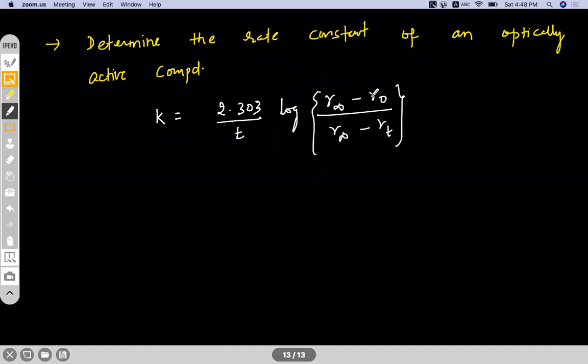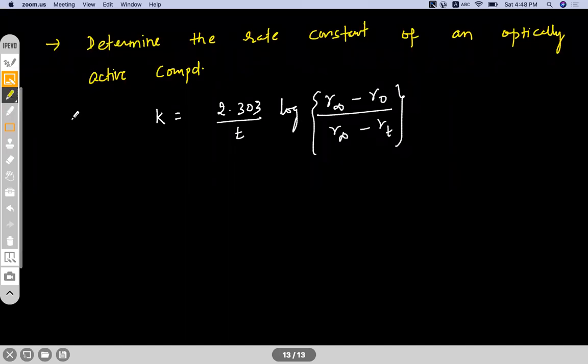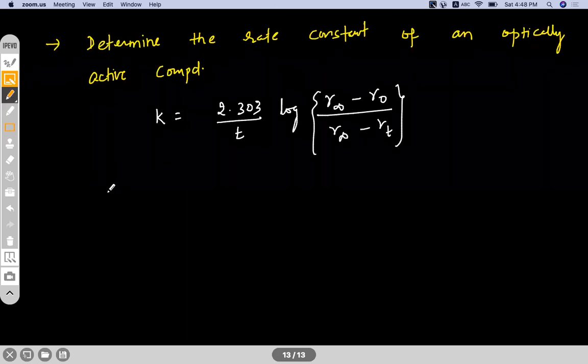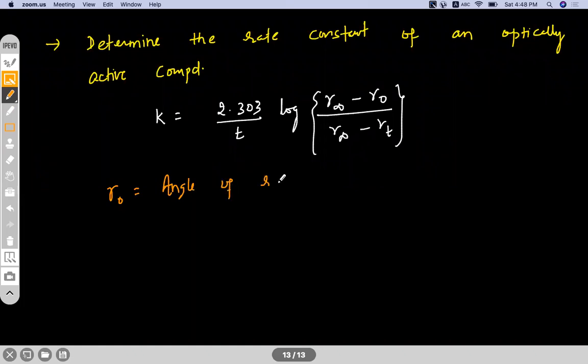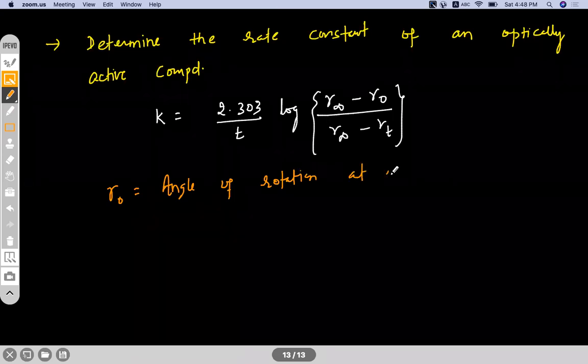Same thing: R naught is the angle of rotation at t equals 0.